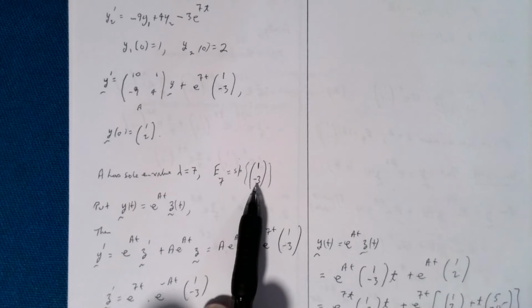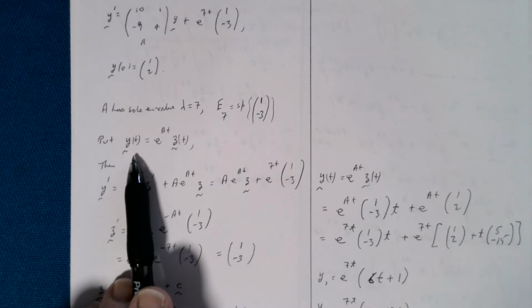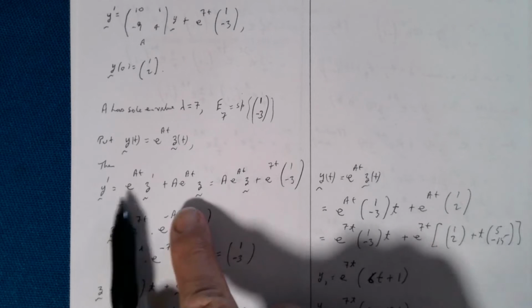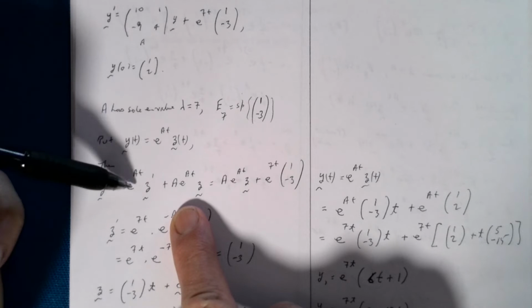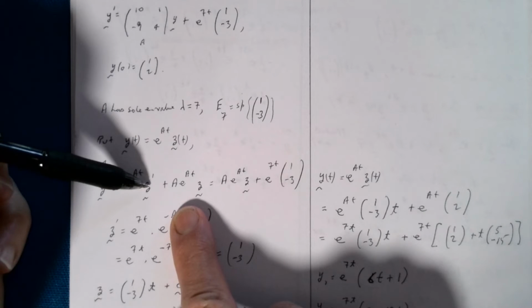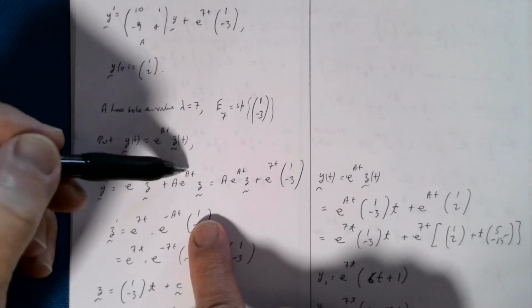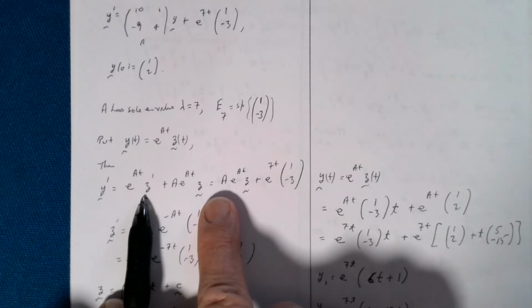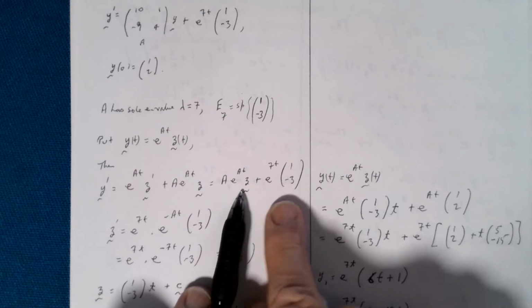Now again, we make this change of variable, and I've gone through the calculations again. So we differentiate the y. We get this by the product rule, so it's copy this one, differentiate this one, and then copy z and differentiate the e to the at, a e to the at, and that's supposed to equal the matrix A times y, that's a e to the at z, plus the forcing term.